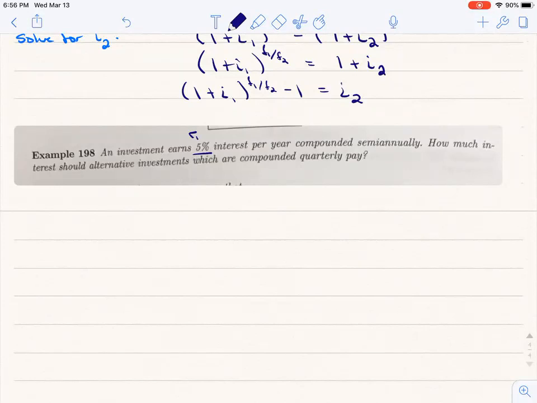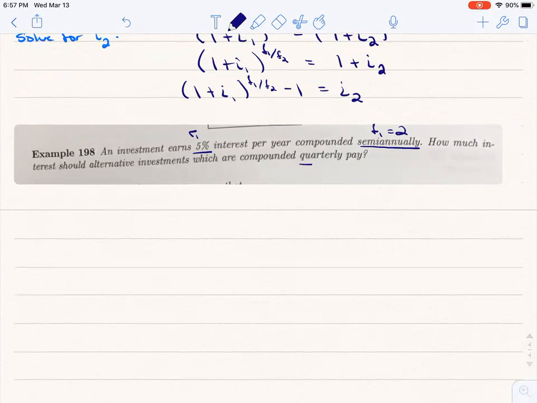And then we're going to move to some new rate, R2. Compounded semi-annually, that's going to be F1 is 2. And we're moving to a compounding frequency of quarterly, which means F2 must be 4.